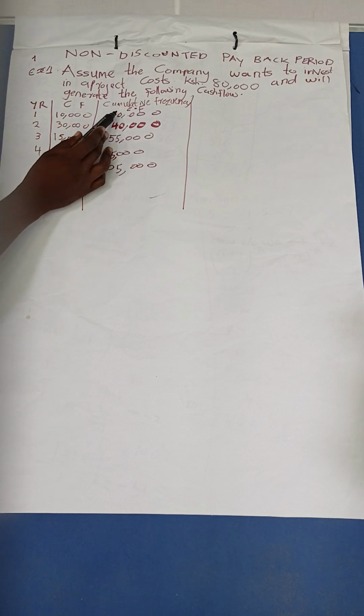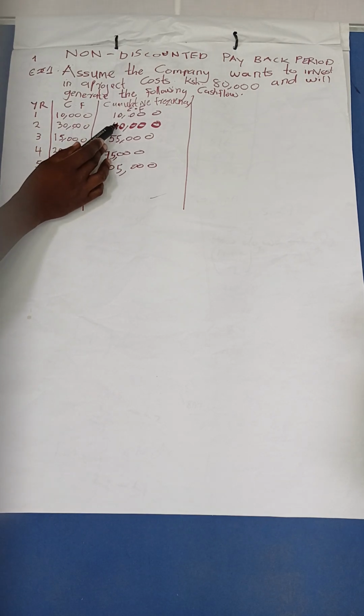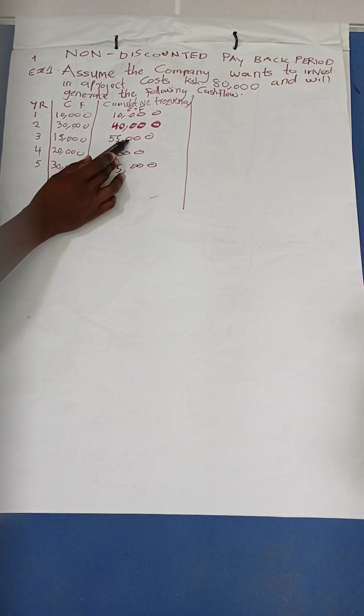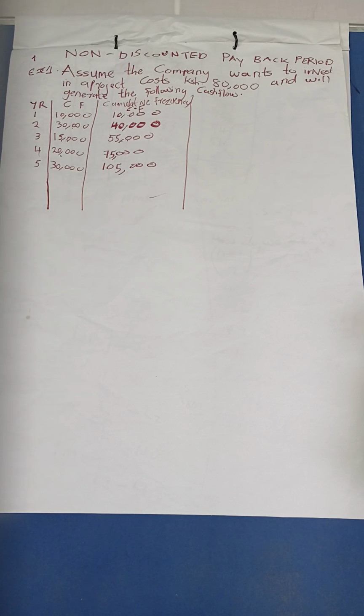Good, so that is how we do the cumulative frequency. You just add the first one with the second, you get 40. 40, you add with the third, you get 55, and so on. I want us to go step by step. We have started with the independent project, then we go to the next one for the mutually exclusive.